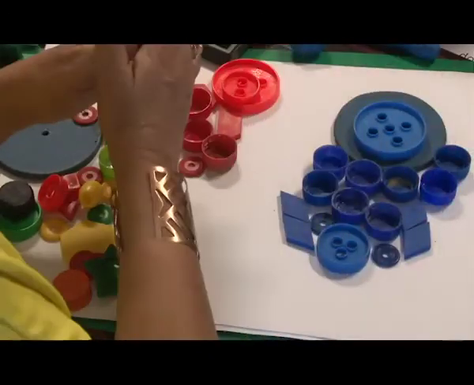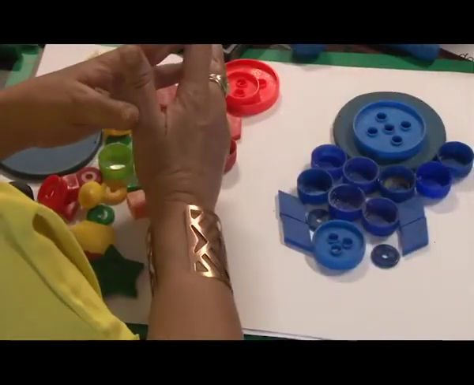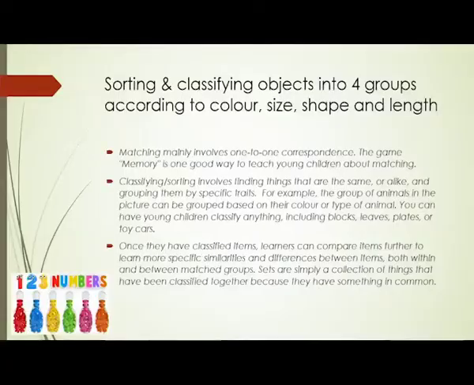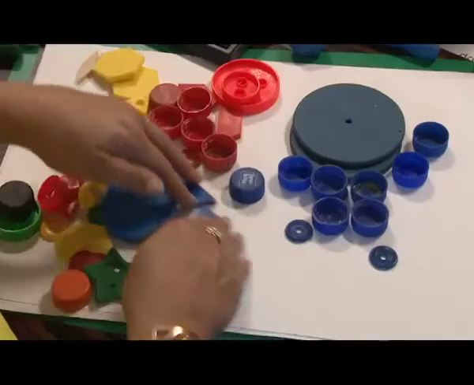I will find stories about the color blue or poems about the color blue. So at the end of my week, my learners should be able to identify blue in any group of objects. I will go ahead when it comes to shape, for instance. So now I ask them to find all the circular shapes.